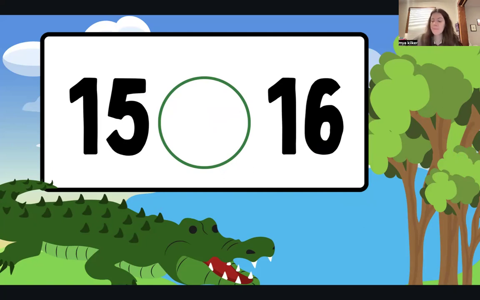So we want 15 to eat 16 because we always eat the bigger number. And sometimes it is helpful if we draw little T's. Some worksheets have these on them too, but drawing little T's so you know I'm eating the bigger number because that one is bigger.